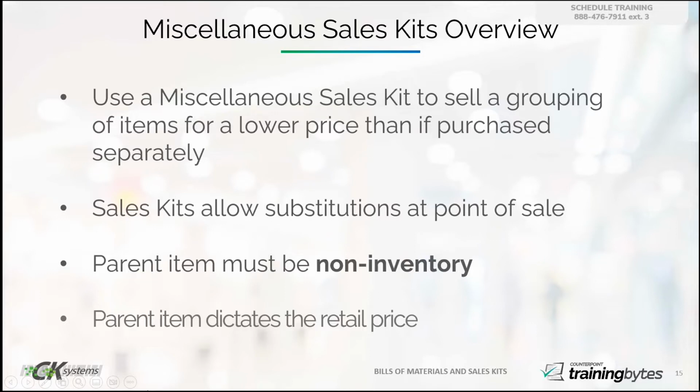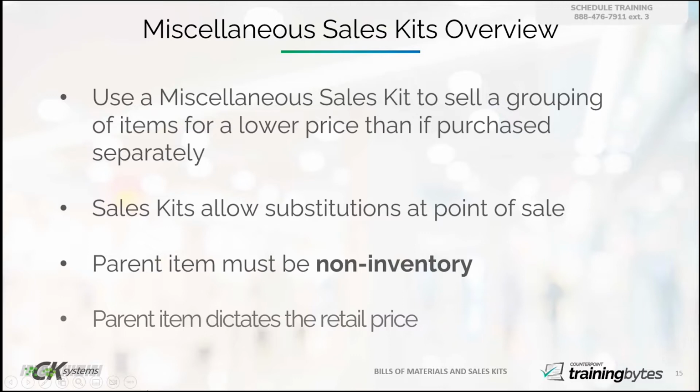Now, when it comes to miscellaneous sales kits, this is where we're selling products that we sell separately at a higher price, but if they're purchased together, it's going to be a lower price. And what's nice about sales kits is that I don't have to make a fancy basket or anything. I'm not going to all that trouble to put basket and ribbon and all that stuff.